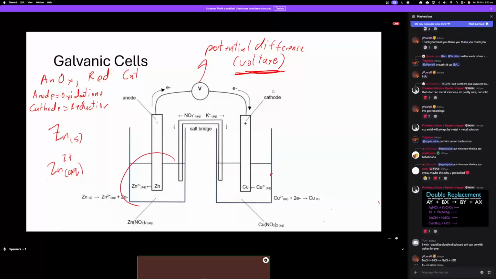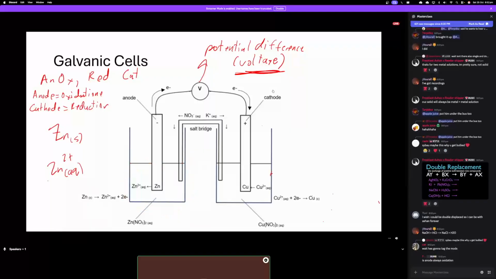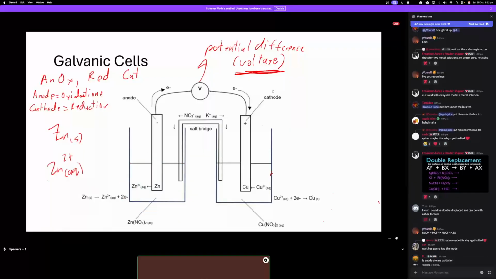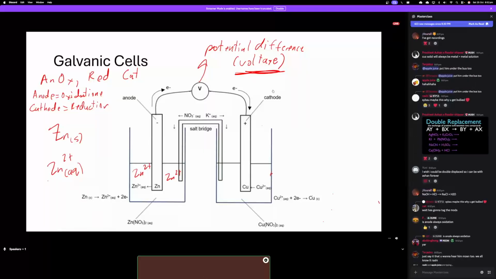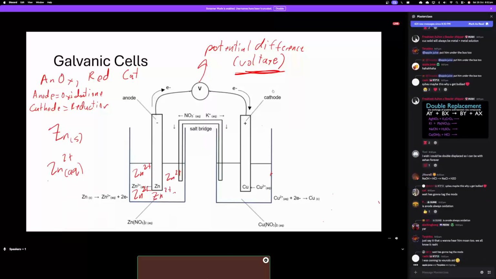If you look at this cell here, right? Over time, the zinc is going to turn into Zn2+ ions. So maybe let's say there's only a couple in here. There's not many zinc ions. But over time, there'll be more and more and more, right?